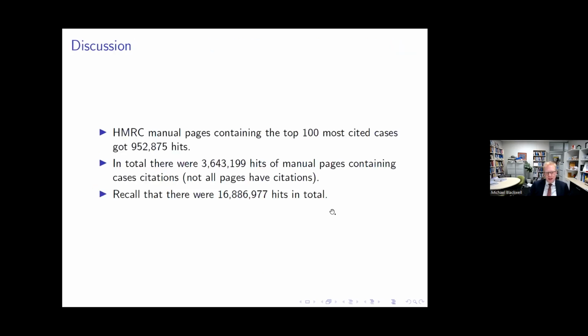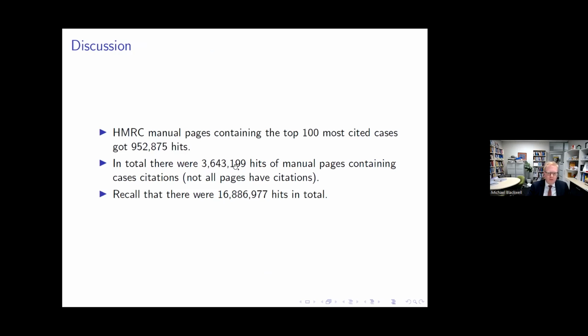So in HMRC's manuals, pages containing the top 100 most cited cases got in total just shy of 1 million hits. And in total, as I say, there were around 3,600,000 hits of manual pages containing citations in general.